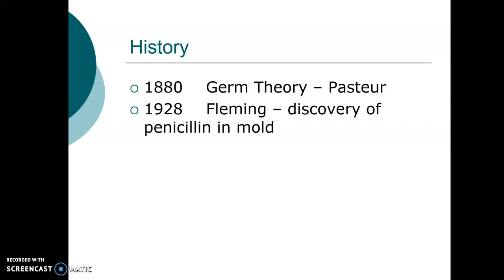Well, Pasteur was one of the early scientists to put together the idea of germ theory, that infectious diseases are spread by pathogens, not by some other magical form. But you can see we go from 1880 to 1928 before we have the first antibiotic. And this was done by Fleming, and his discovery was in penicillin and mold.